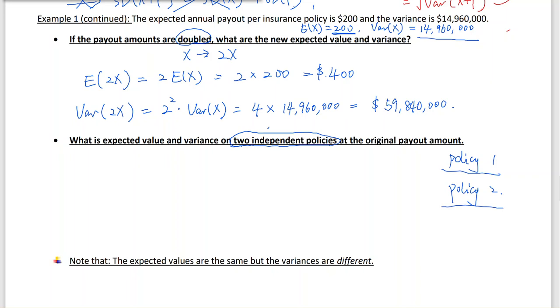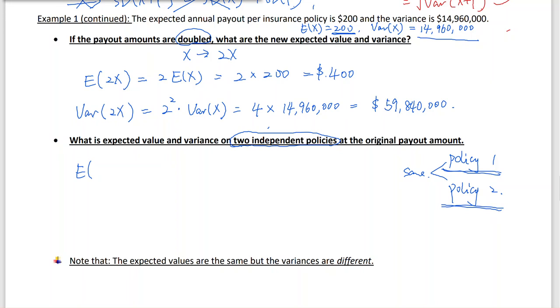They pay out the same amounts for the 3 outcomes. Now you are paying for these 2 policies. What will be the expected value for the 2 independent policies at the same payout amount?